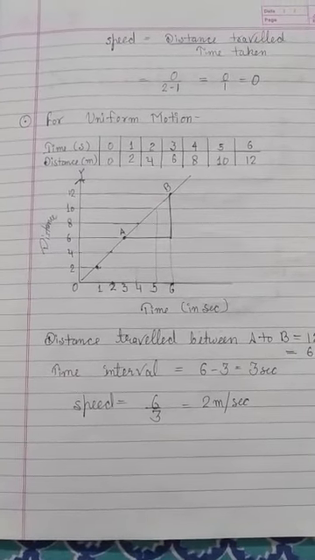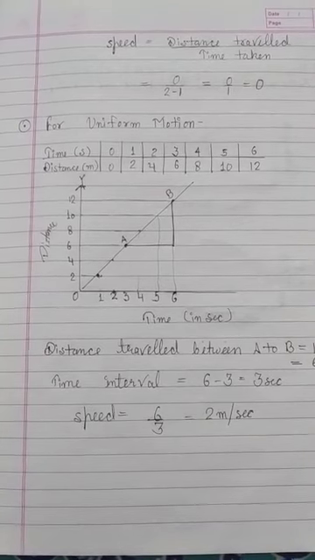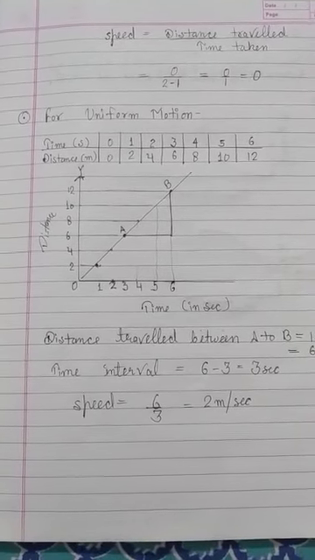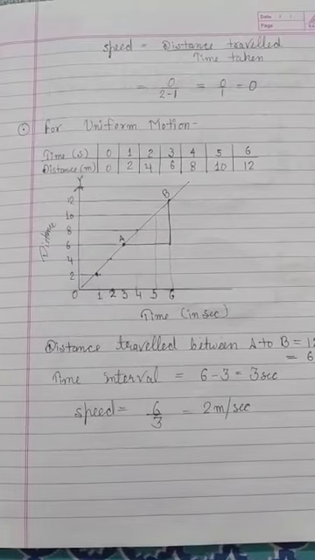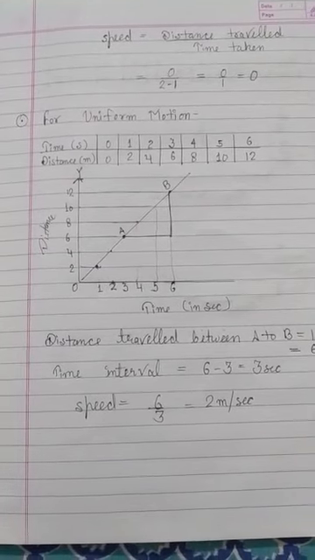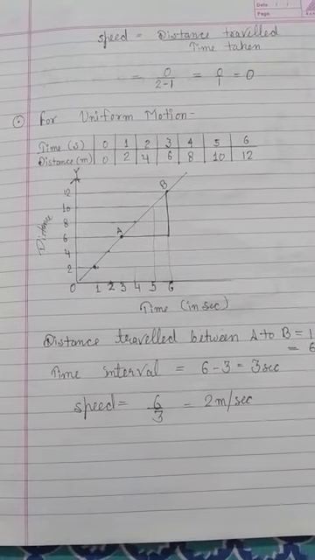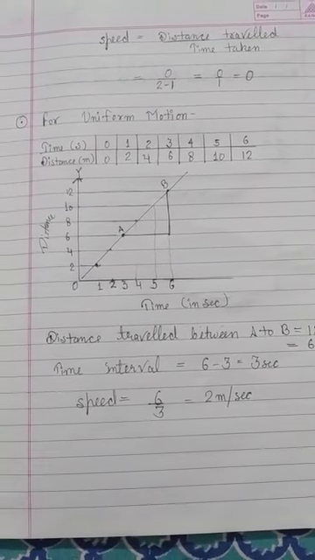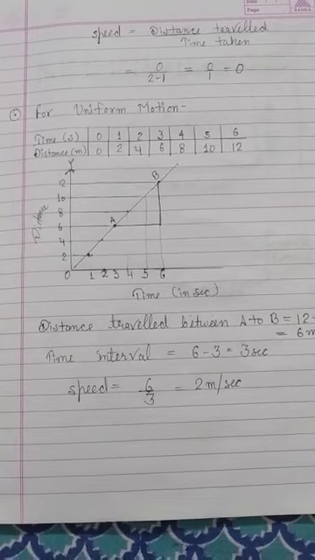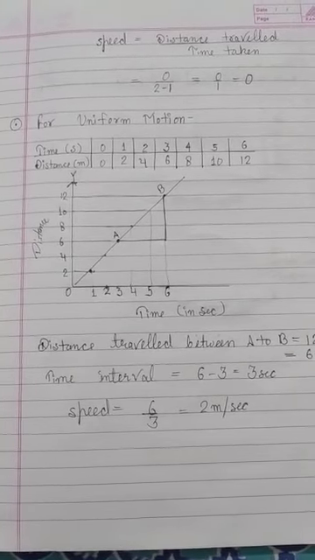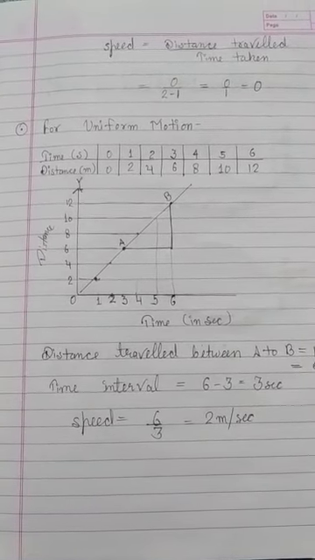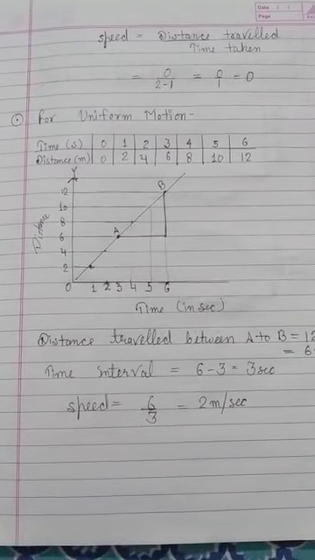At 1 second, the distance covered by the body is 2 meters. So we will make one dot. At 2 seconds, the distance covered is 4 meters. Again put a dot. 3 seconds, 6 meters. 4 seconds, 8 meters. 5 seconds, 10 meters, and 6 seconds, 12 meters. Now we will join all the dots. When we join all the dots, it comes out to be a straight line.